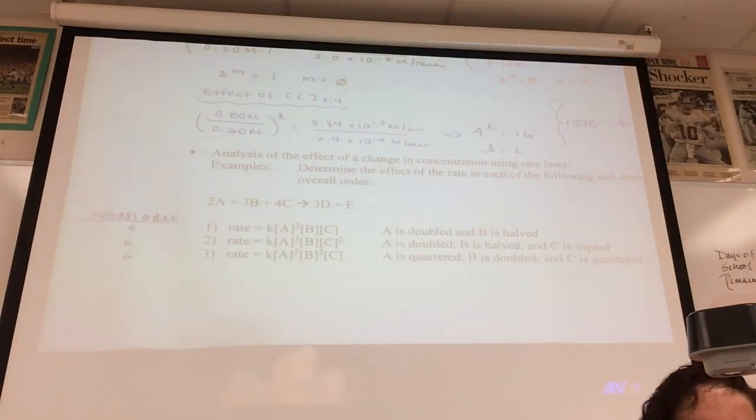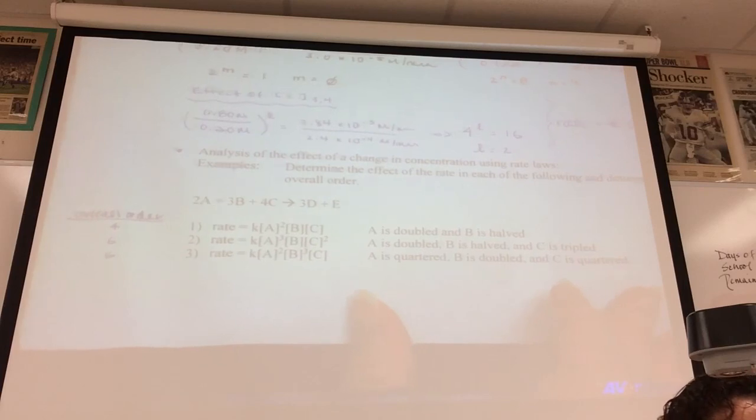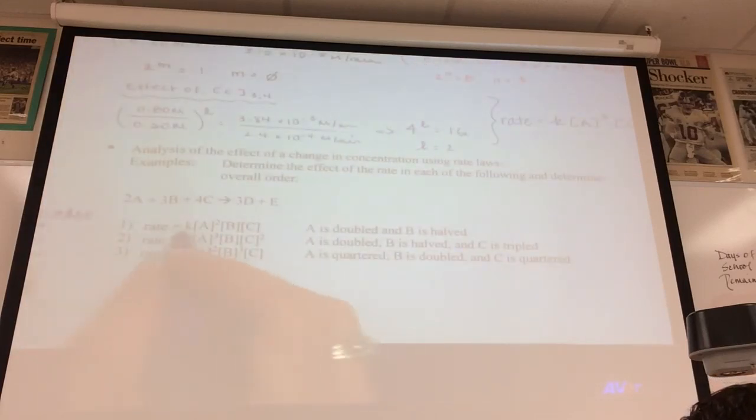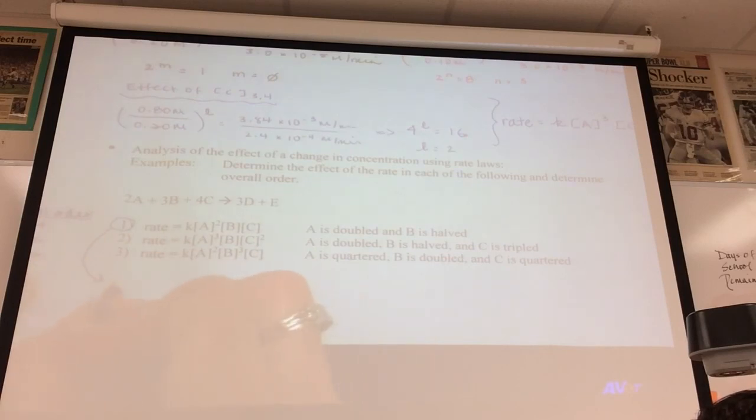Now let's see if we can figure out what happens to the rate when we alter one or more concentrations. In the first one, A is doubled. I'll replace the A with the 2, and I'll square it.